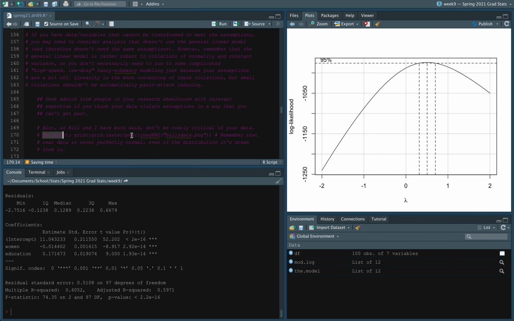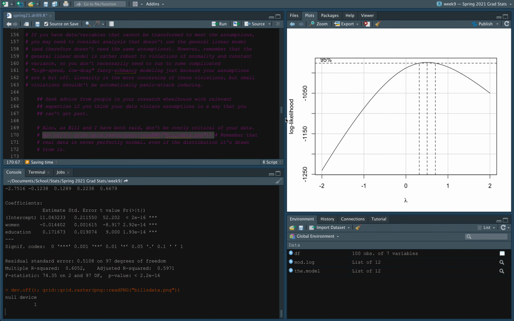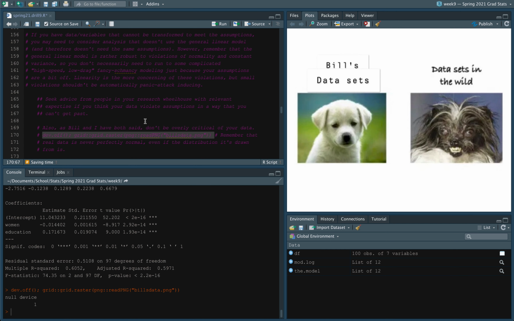Also, again, this is another thing that you won't have, and I do because it's in my working directory, but as Bill and I have both said, don't be overly critical of your data. Remember that real life data is messy. It's never perfectly pretty. Here in Bill's class, he often gives you very nice, neat, small data sets that don't have a bunch of missing values, don't have a bunch of stuff that needs to be cleaned and computed and moved around.